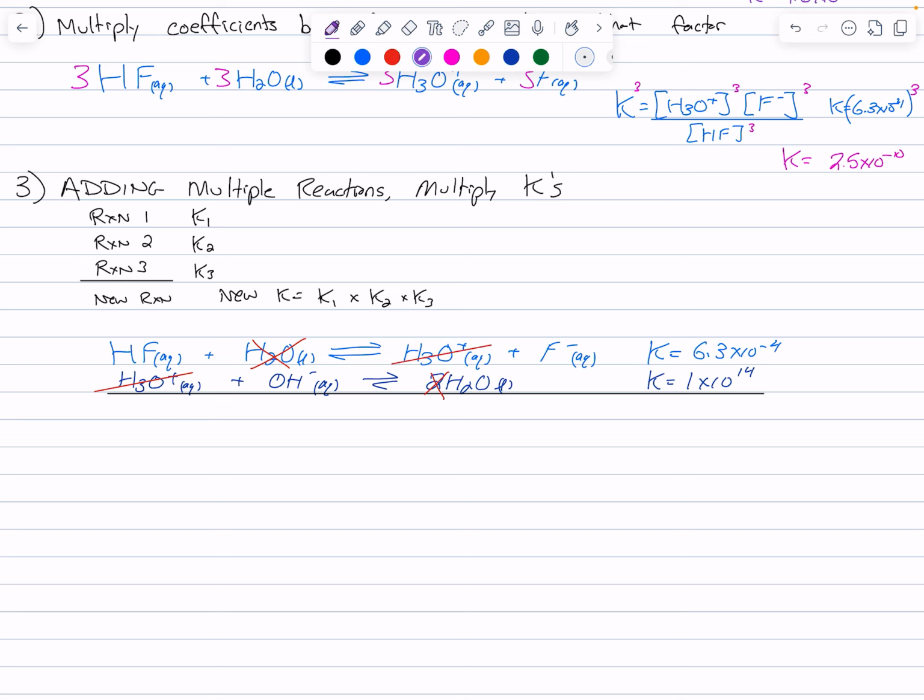And so we would have HF plus hydroxide going to fluoride and water.